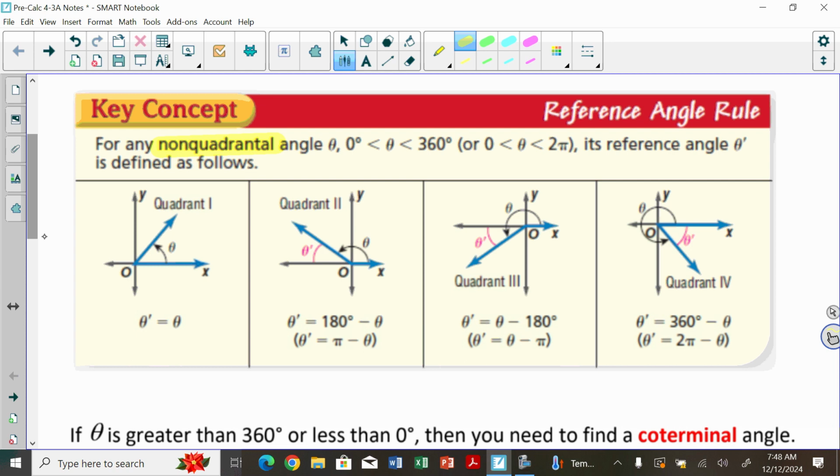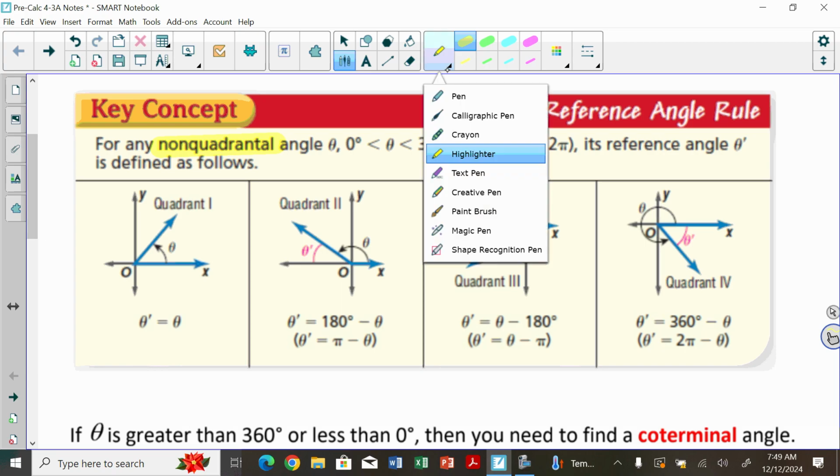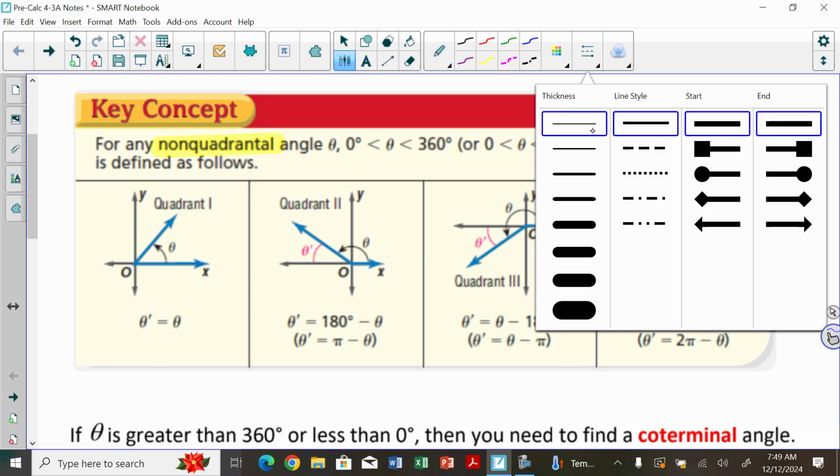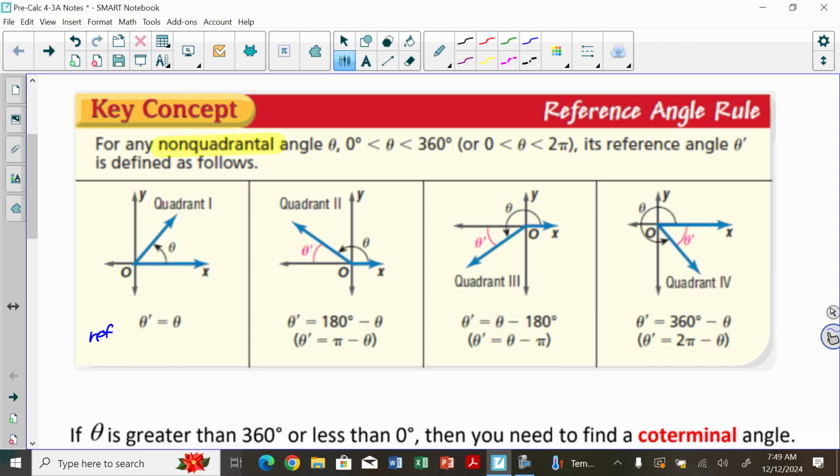So for instance, quadrant 1. If it's in quadrant 1, it's pretty simple. Theta prime equals theta. So if we knew already that our reference angle was, let's say, 50 degrees, then in this case our reference angle would also be 50 degrees.